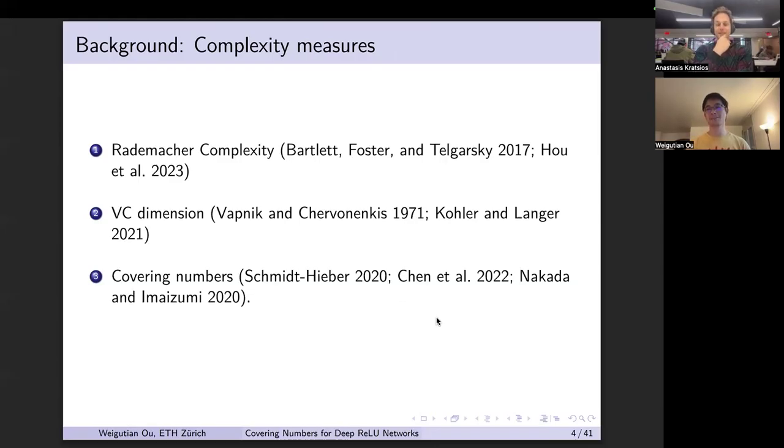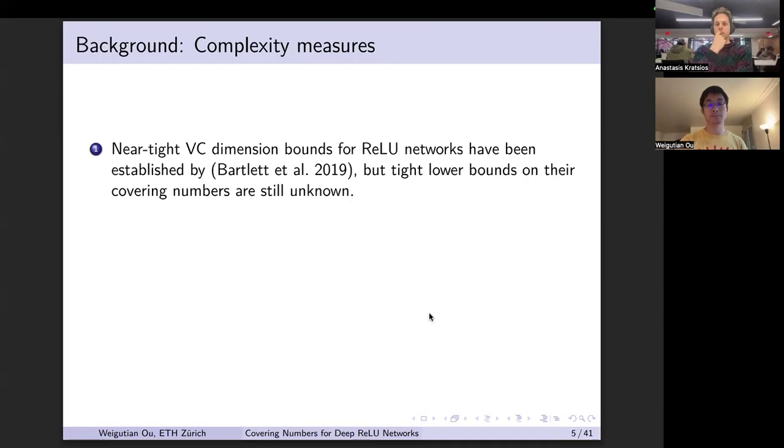Also, when I read some papers on the VC dimension and the covering number, I found there's some gap between these two. For example, a nearly tight VC dimension bound for ReLU neural networks has already been established in 2019 by Peter Bartlett, but there's no tight lower bound for the covering number.